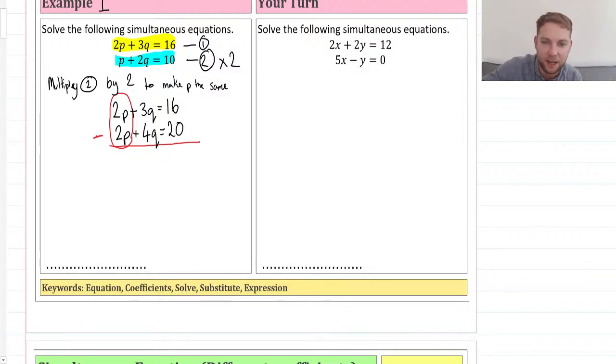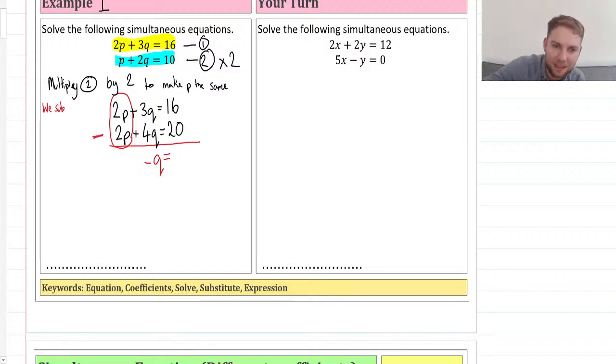So let's do this now then. 2p take away 2p is nothing, that's the whole point. 3q take away 4q is actually minus q. So let's write this down.